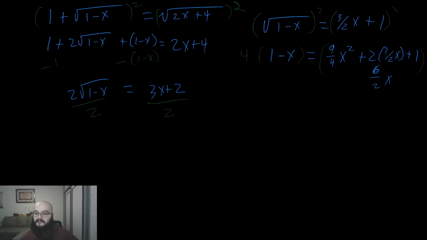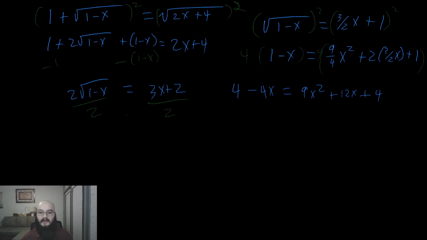I'm going to multiply this whole side by 4. That will give me 4 minus 4x is equal to 9x squared plus 12x. And I'm going to erase this off of here real quick. Plus 4. All right, that should be everything multiplied by 4 out of there.